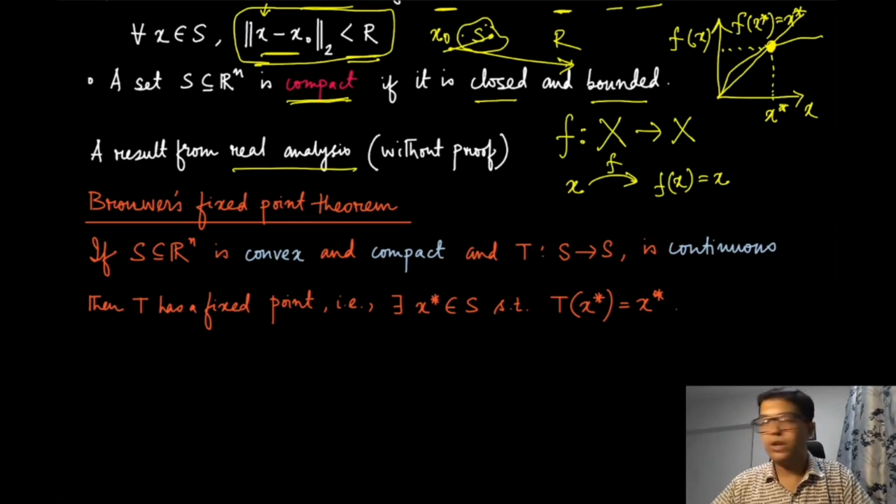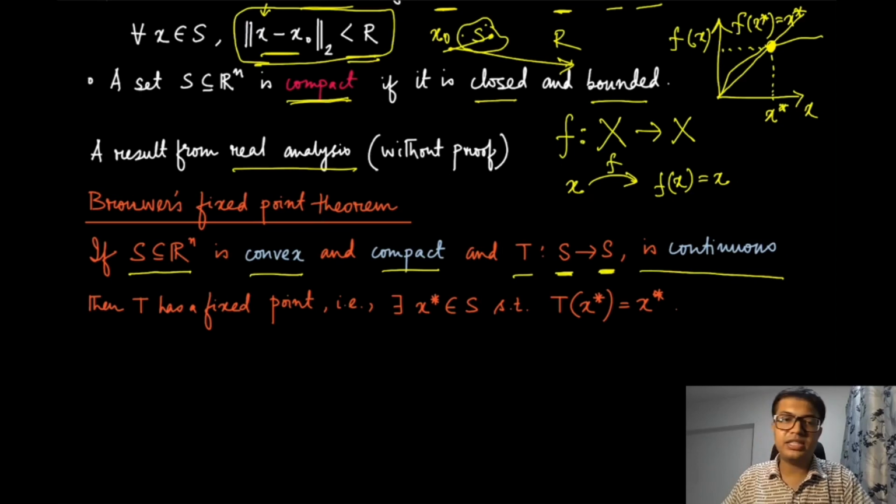Now, Brouwer's fixed point theorem says that if you have a set S that is convex and compact, and a function T which maps that set into itself, and the function is also continuous, then T has a fixed point.